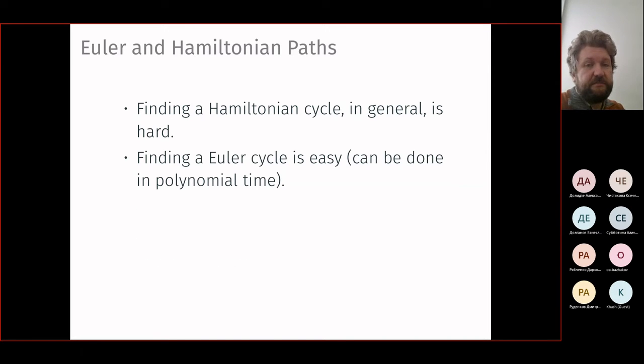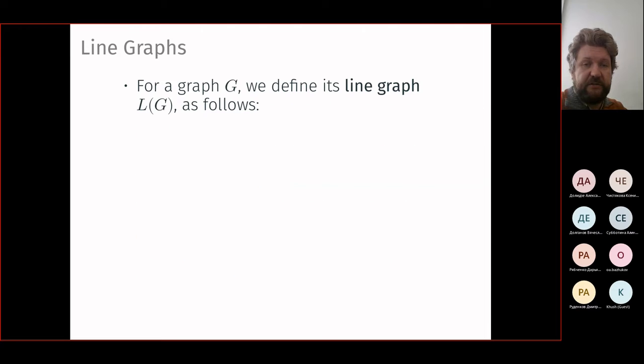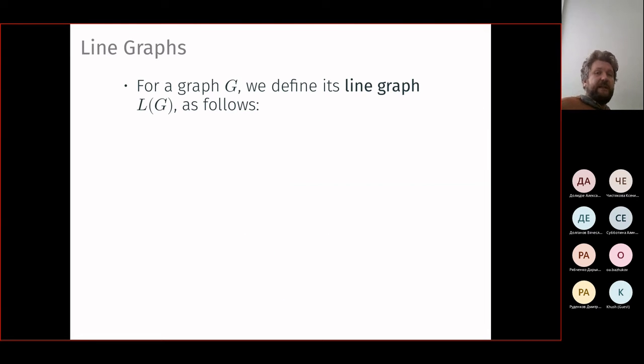The same for cycles. A cycle is just a path which returns to the same point. But for specific classes of graphs, the problem of finding a Hamiltonian cycle could be reduced to the problem of finding an Euler cycle. So this is the line graph. If we have a graph G, we can define its line graph L of G in the following way.